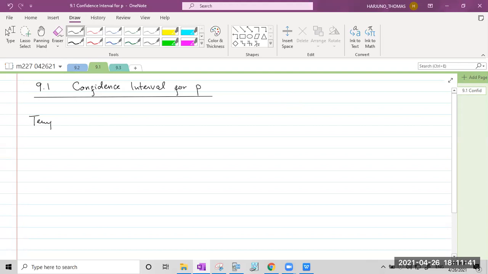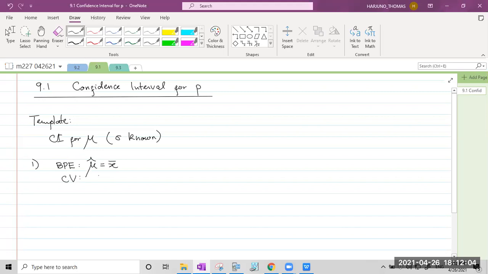Here's the template. Let me write it down again. Confidence interval for mu with sigma known. Step 1, best point estimate: mu hat is X bar.